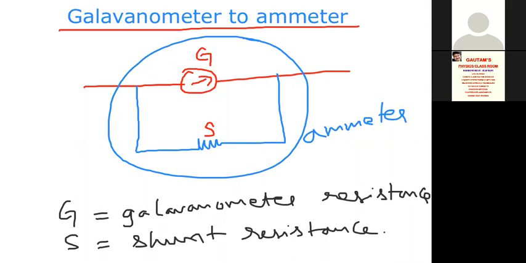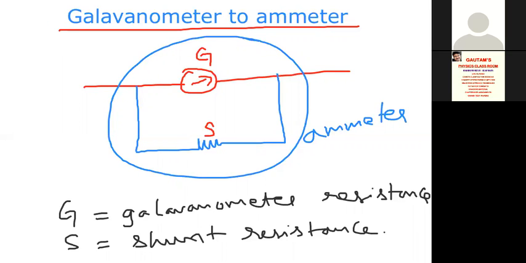The galvanometer, an instrument to measure small currents, becomes an ammeter by connecting a small resistance in parallel to the galvanometer. If you connect like that, the effective resistance will decrease, which means we can allow more current to flow through this ammeter.